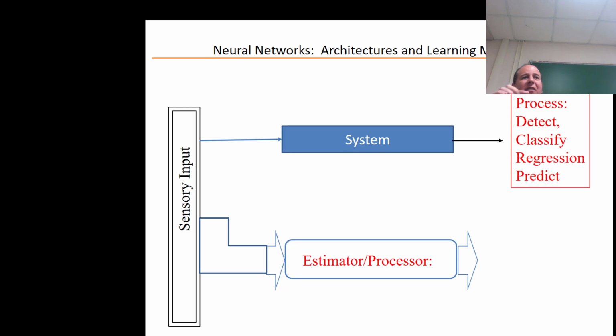But if you want an approximation of a whole function over some variable, you're approximating a function, we refer to it as regression, as in the general literature of signal processing. And there's also prediction. Obviously, if you have a sequence of things, when you see that sequence, 1, 2, 3, 4, then you want to predict what the next thing is. So that's the prediction. You want to have the next value.